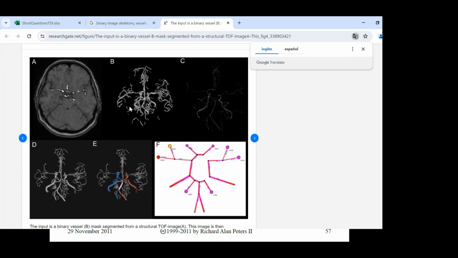You have this set of vessels here. You complete the skeleton. And what is the connectivity between those vessels, for instance? So this is a point where it branches. Like binary. Any questions?